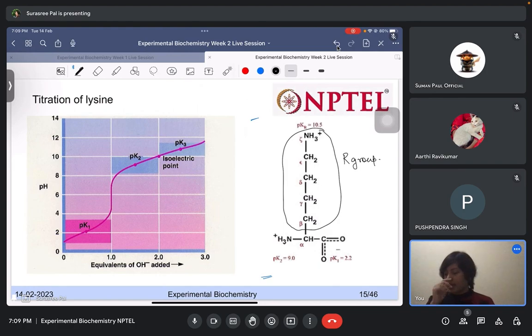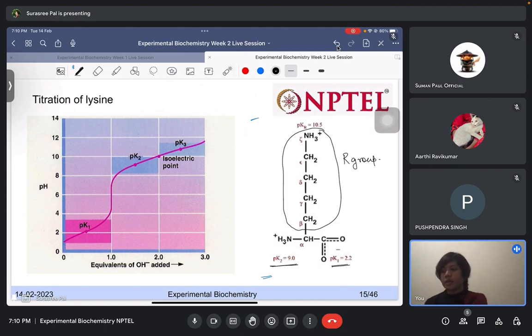right? And here it is given that the pK1, that is the pK of the alpha carboxyl group, is 2.2, and the pK2, that is the pK value for the alpha amino group, is 9.0, right?